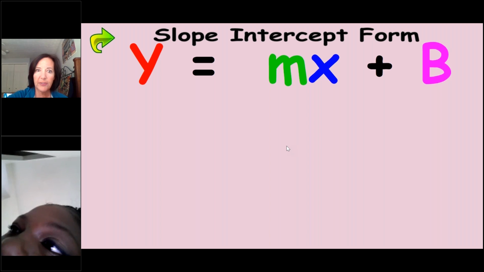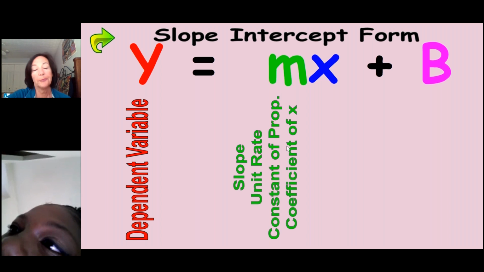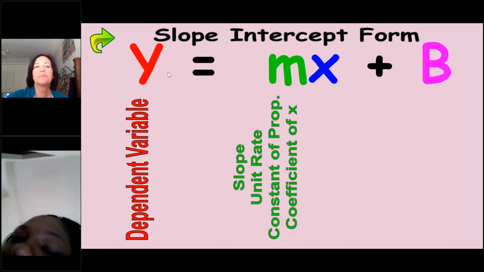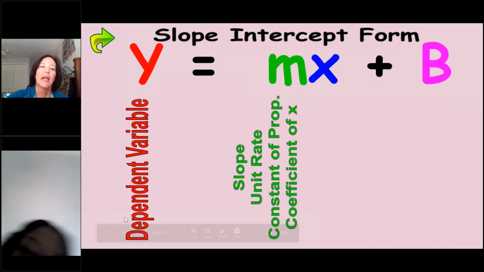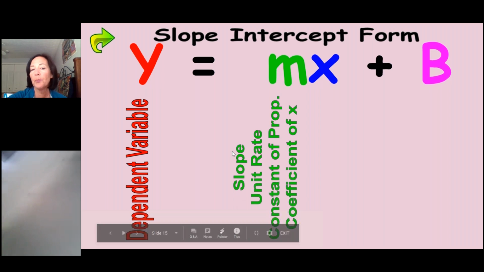But some people get confused by the different parts of it. The y actually is the dependent variable. We talked about that a little bit last week, and we'll talk about it some more in a little while. The m is the spot in the equation where you would find the slope.